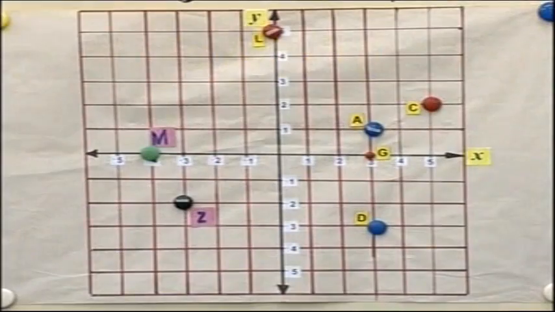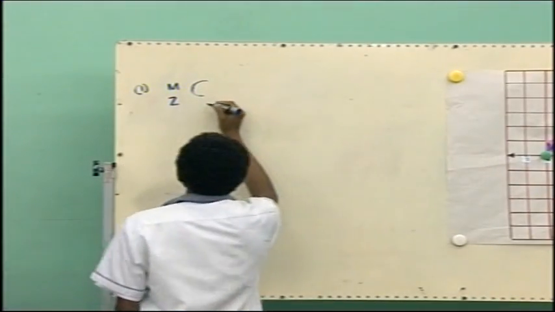Donna, come and write a coordinate for M. And Ruthie for Z. Okay, let's have Joshua.